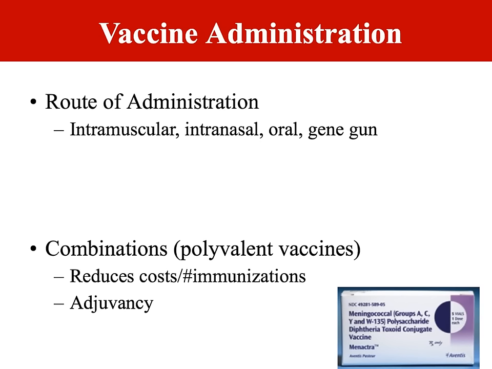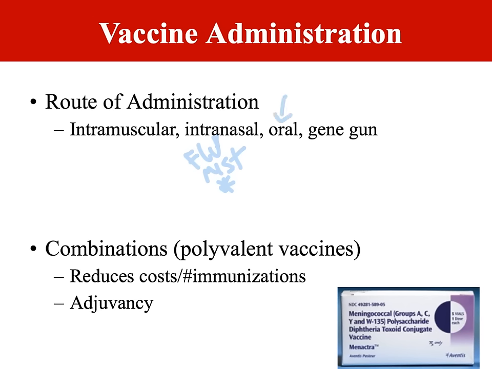Intranasal has been developed reasonably recently. The big one that we see here is FluMist. So this is the live version of the flu vaccine. The intramuscular version is the killed one. This is often given to smaller children that are perhaps a bit needle averse.